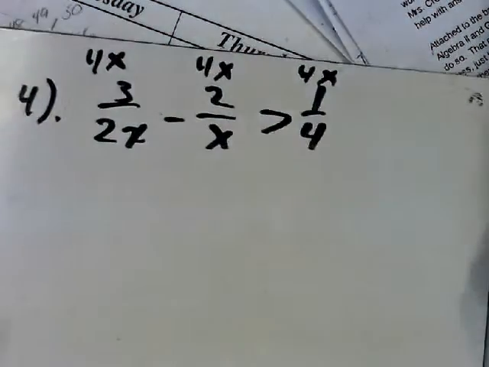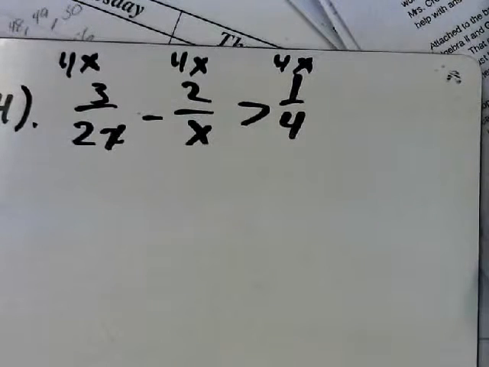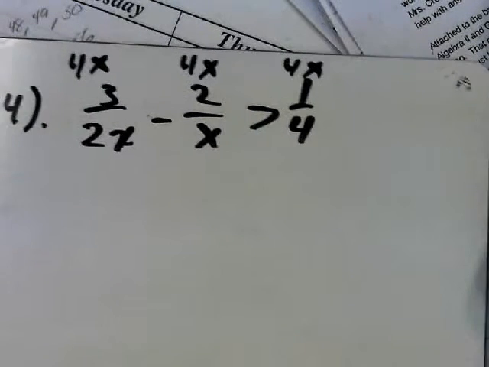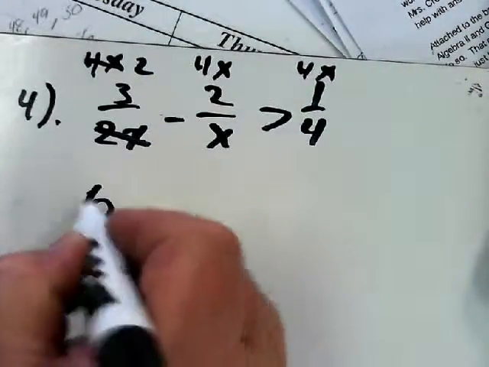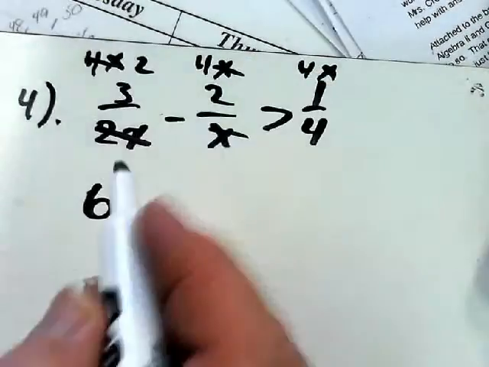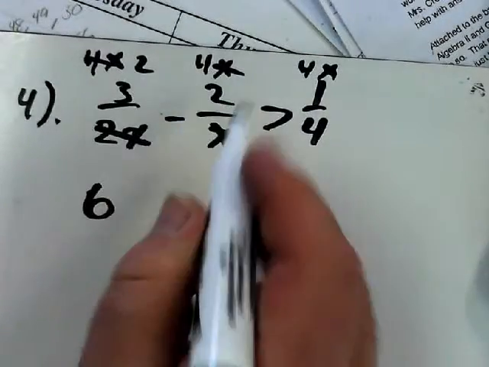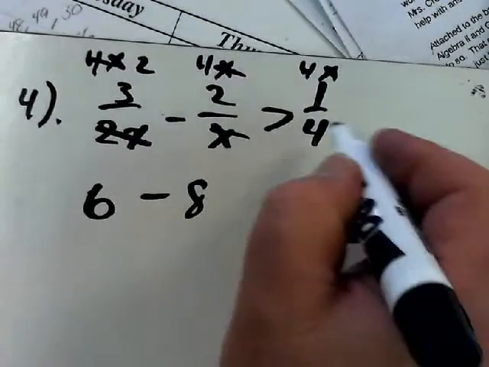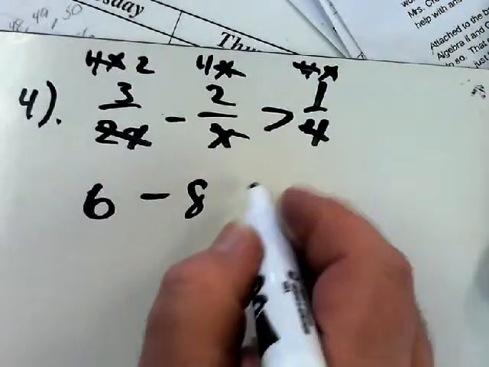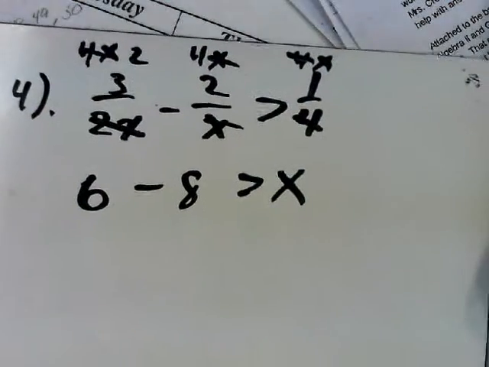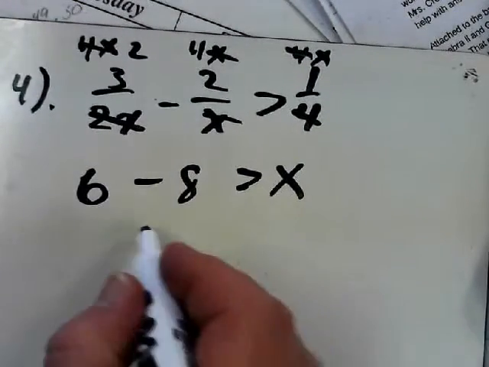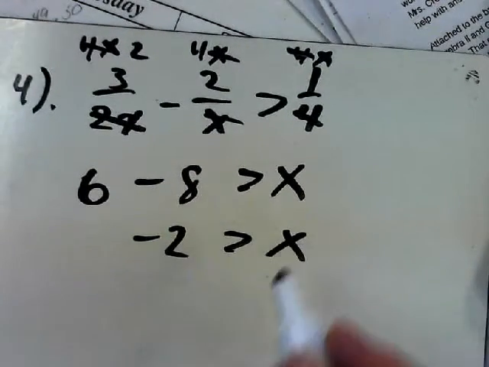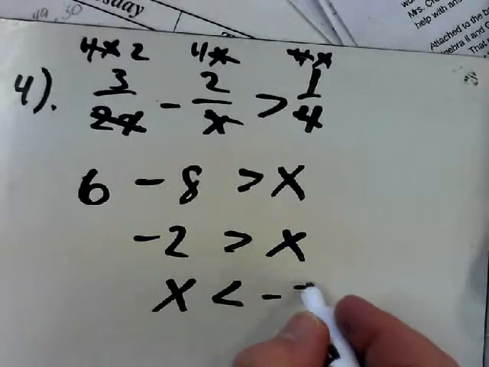I will post this video and you can look at it at any time, so you can slow it down if you want to. 2x goes into 4x twice, so I'd have 6. X goes into the 4x, so I'd have a negative 4 times 2 is a negative 8. 4 goes into the 4, so I'd have greater than x. So what's 6 minus 8? Negative 2 is greater than x, or x is less than negative 2.